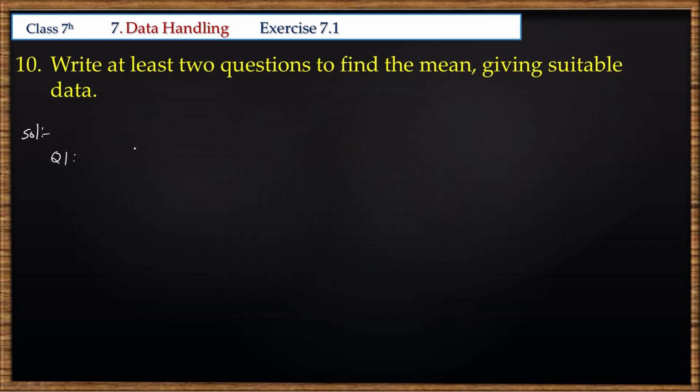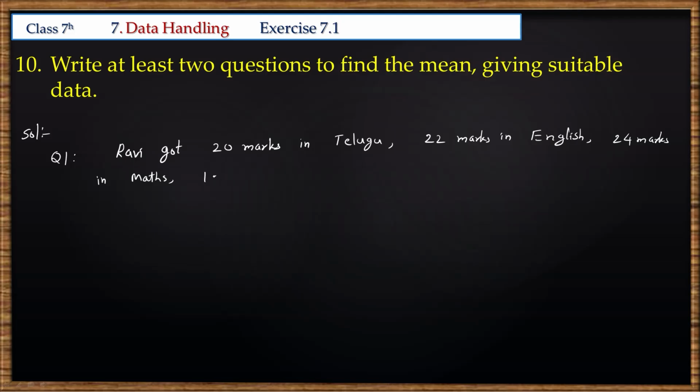Suppose Ravi got 20 marks in Telugu, 22 marks in English, 24 marks in math, 18 marks in science, 20 marks in social.